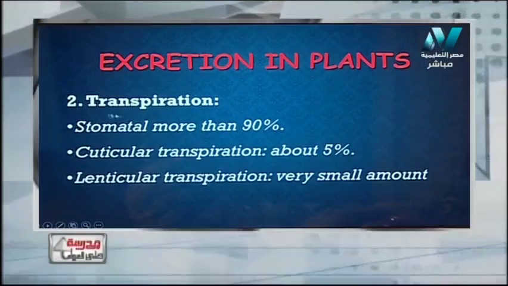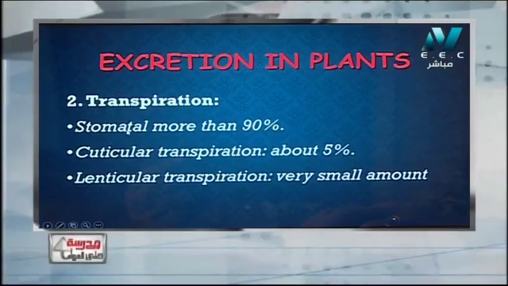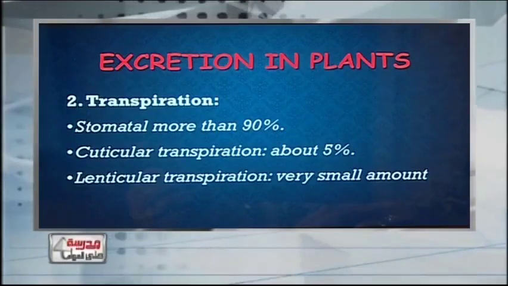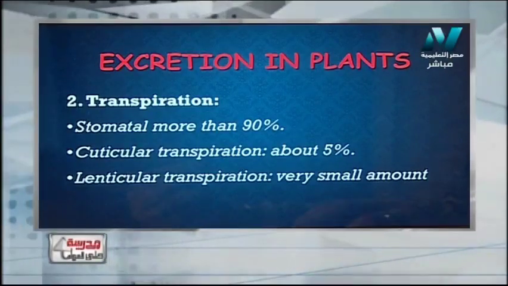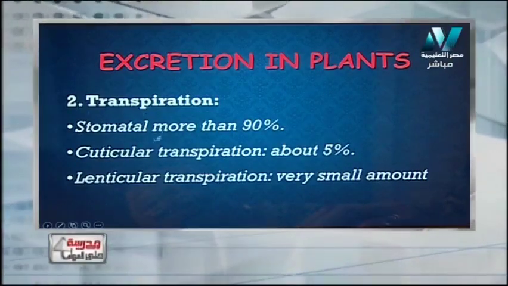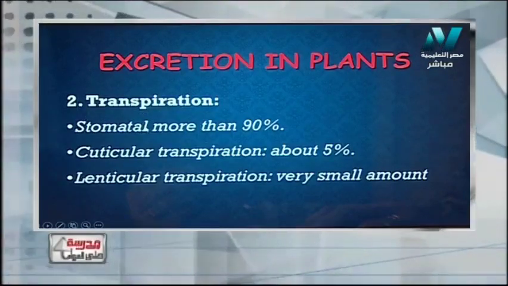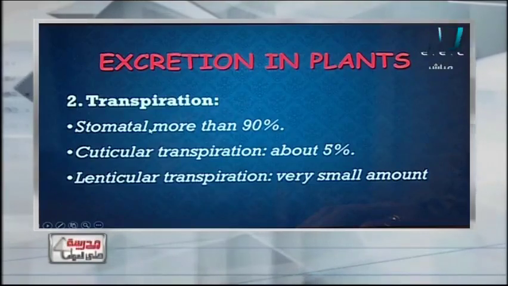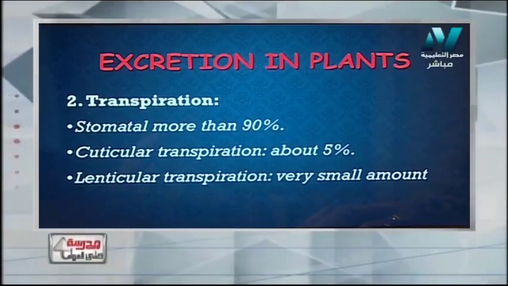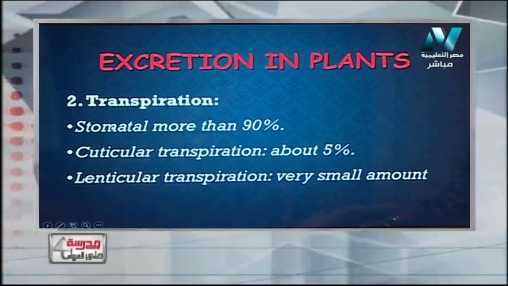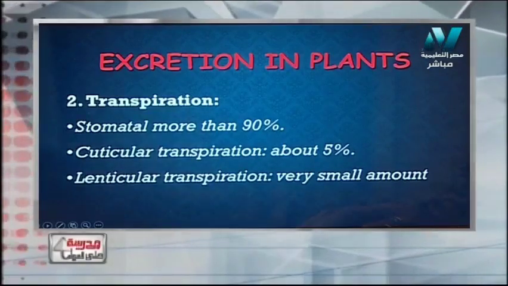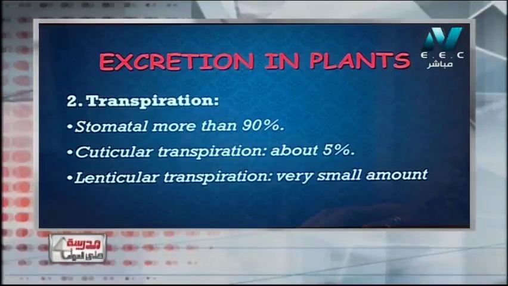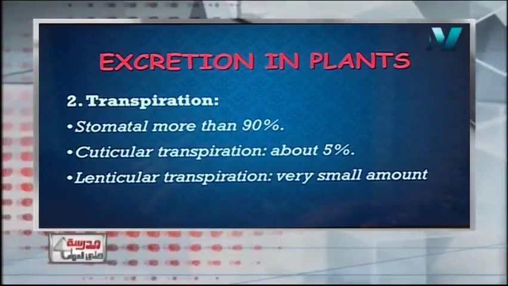Each opening is called a stoma, and the stoma is guarded by two guard cells and opens interiorly into a wide space surrounded by sponge cells, and this space is called the air chamber. And this air chamber contains excess amounts of gases that come out from the plant, or even gases that come inside the plant from the air.